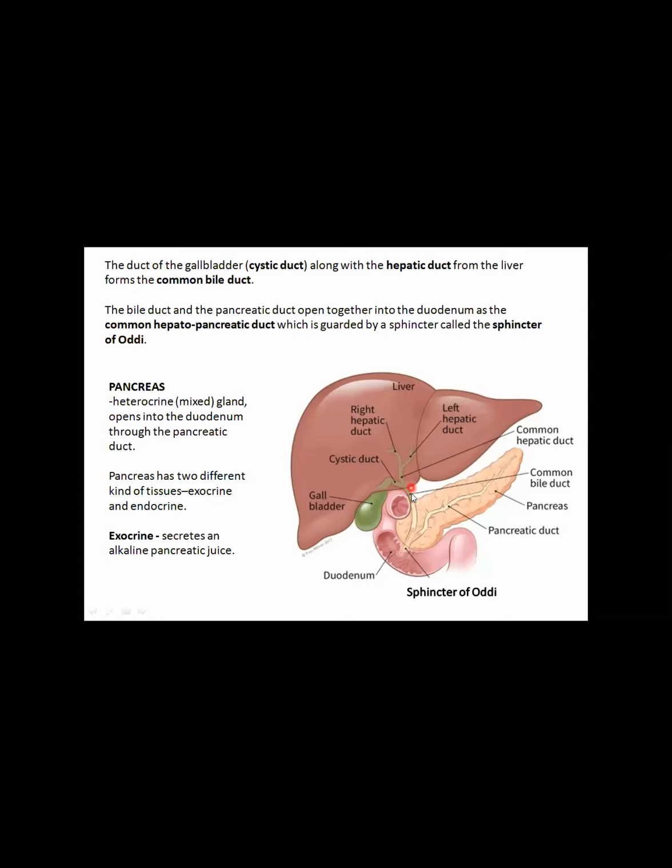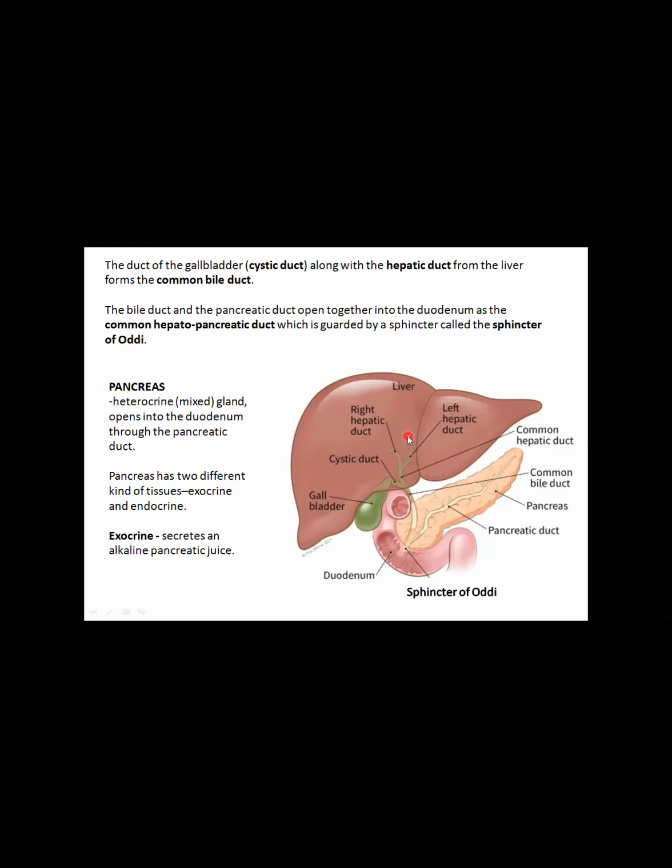Because what will the hepatic duct bring? From the liver it will bring bile juice. And if bile juice is not required there, it will go through the cystic duct and get deposited into the gallbladder. When it is again required in the body, it will come out through the cystic duct. So what is happening?